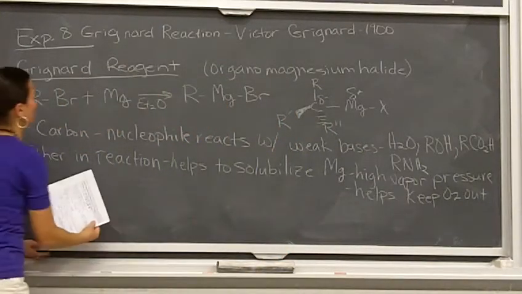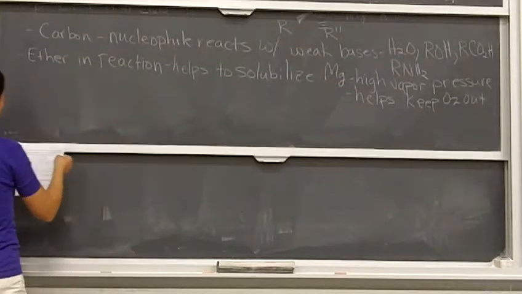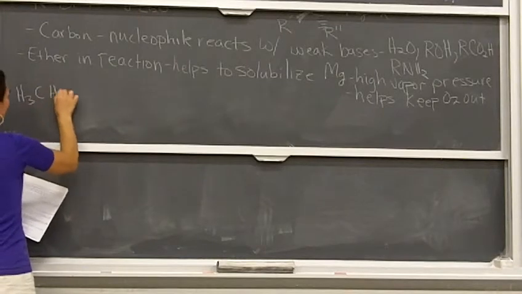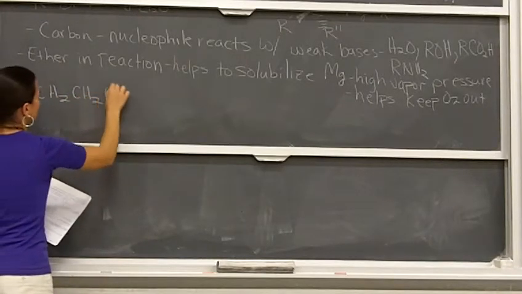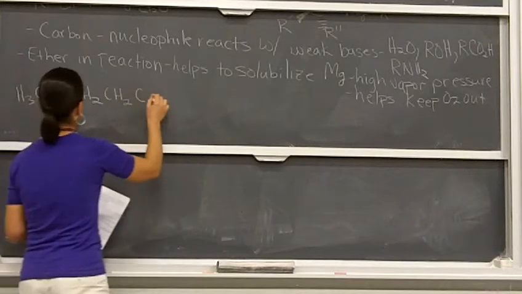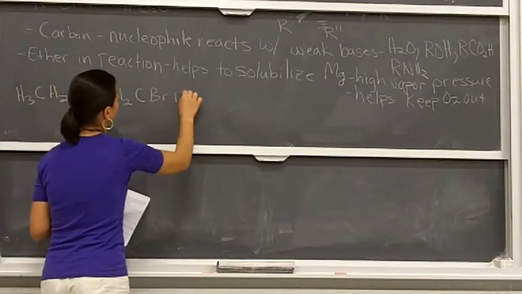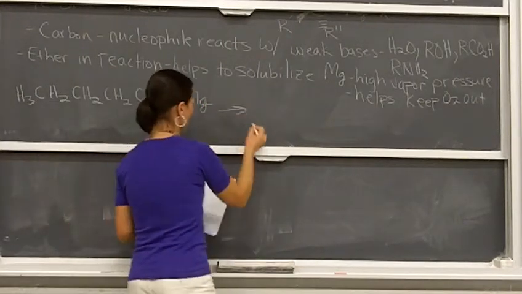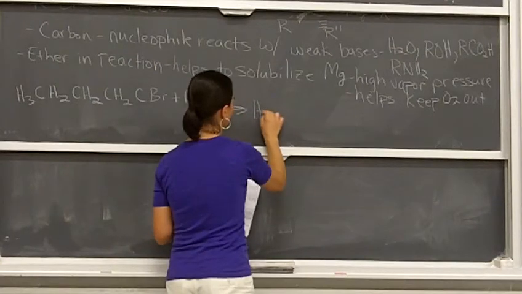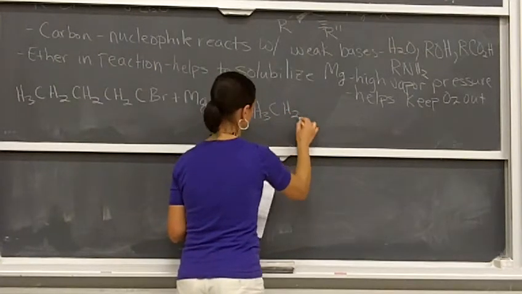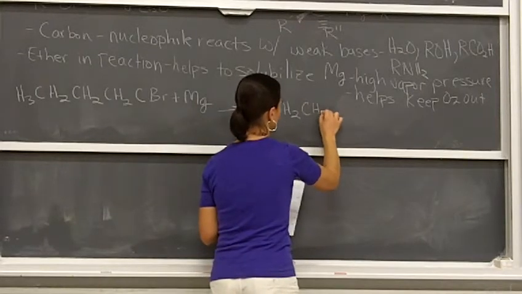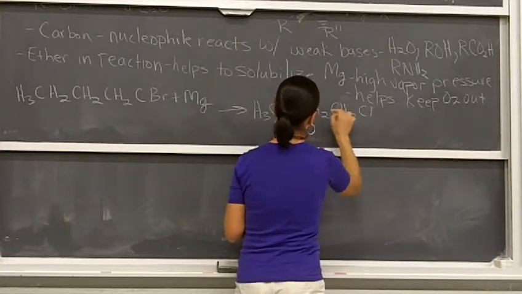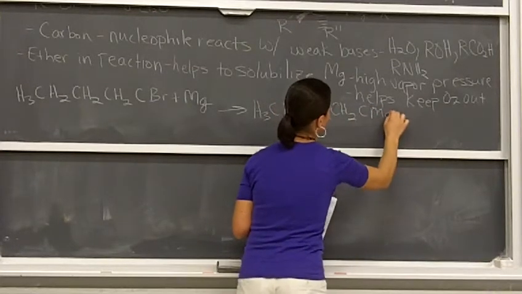So here's an example of this reaction. If we had bromobutane, and we react it with magnesium, which some of you will, then you're going to get this guy here.